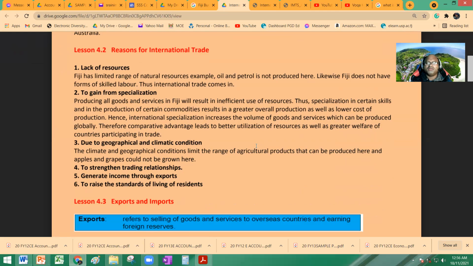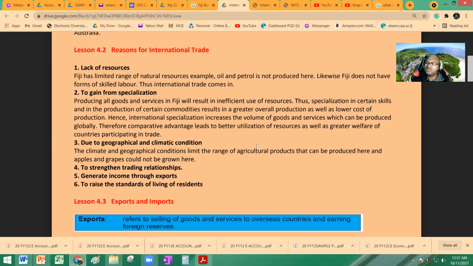We have a few resources in the ocean, and we're still hoping that we might discover some more. I just heard that they're going to open Mount Kasi again. Some are interested in opening that mine again. We have magnesium found in Navosa and some other type of stuff in Bua.